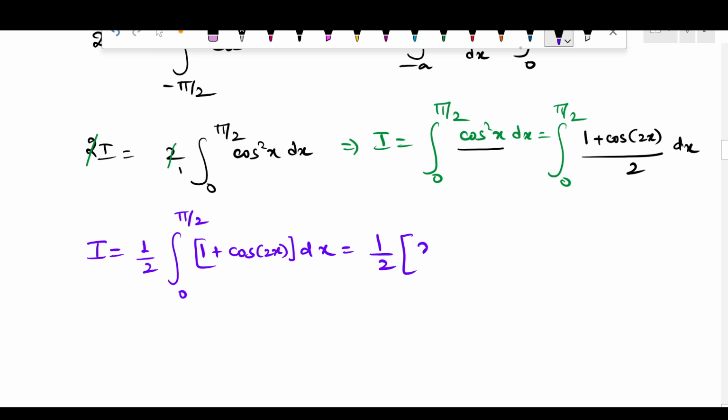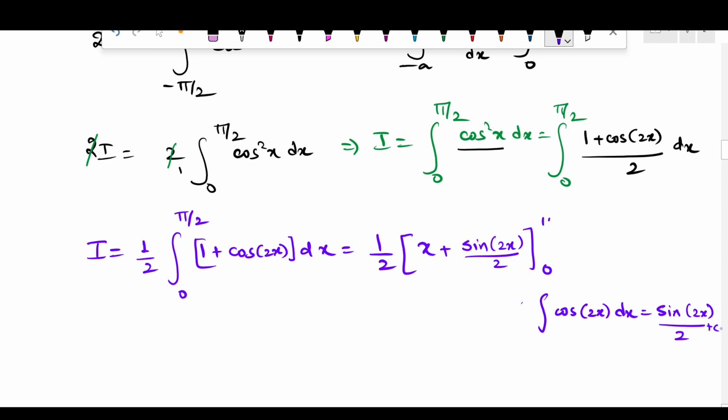This is half x. Now the integration of cos 2x dx, as you know, will be sin 2x by 2 plus c. Right? So this will be plus sin 2x by 2, and this x varies from 0 to pi by 2. Right?